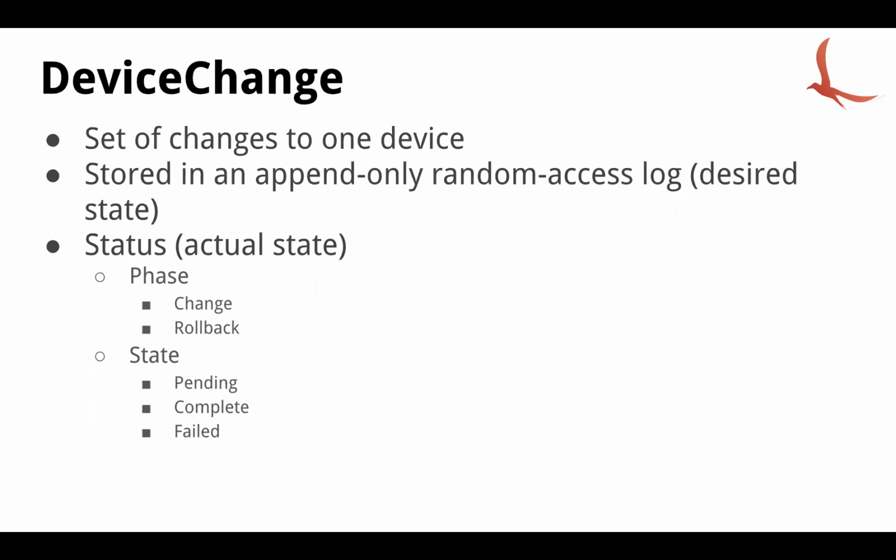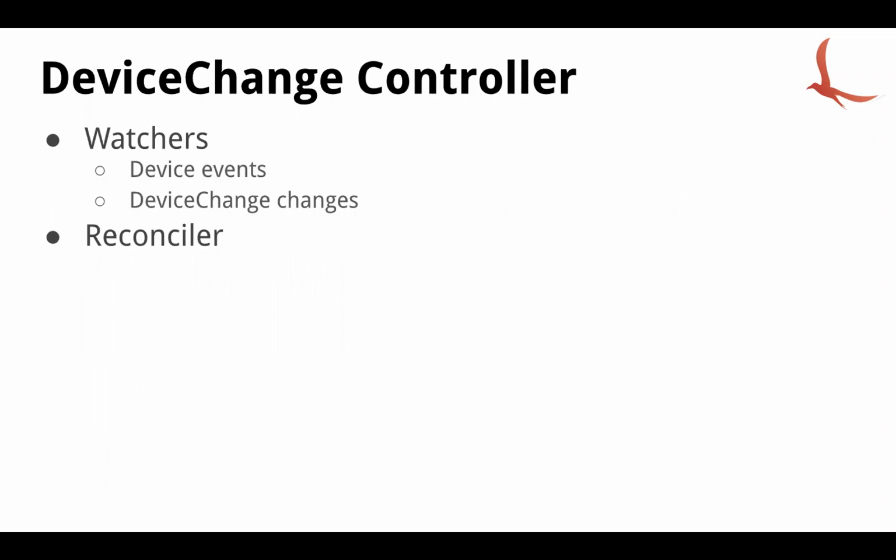Has a phase, change and rollback, and state. And then the network change controller listens to some relevant events, device events, so that if the device it's interested in comes back online or something, it can send pending changes to it or whatever.